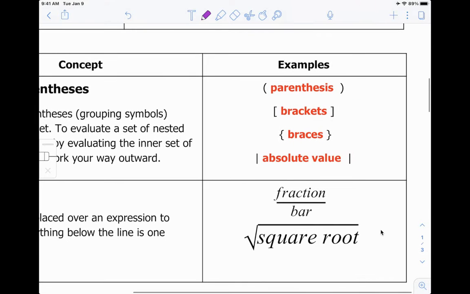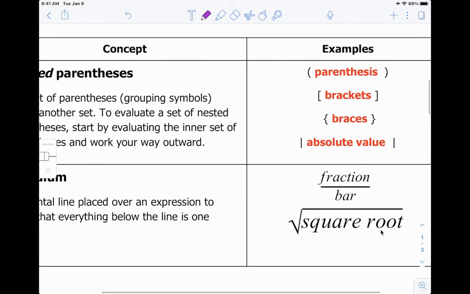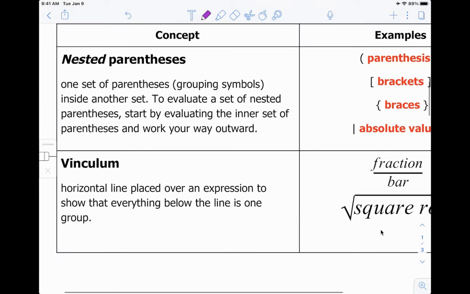And so the first example here in the notes is parentheses. The second example is called brackets. The third example is, I call them braces, which is one of the words. Sometimes people call them squiggly brackets, but they're braces. And the fourth example is the absolute value symbol. So those are some of your nested grouping symbols that you might use.